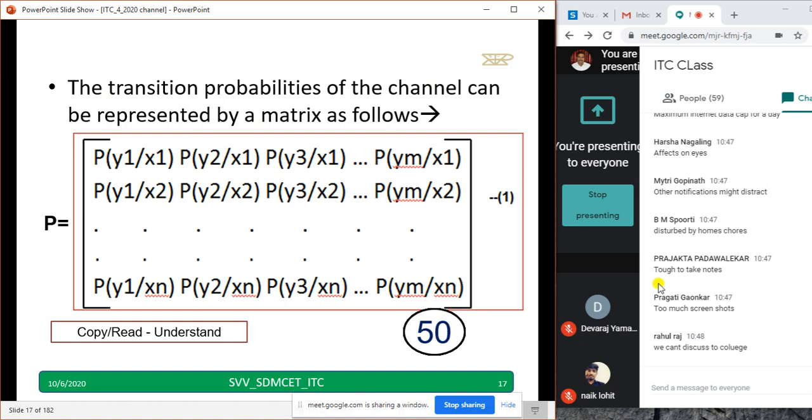Take a minute, copy down. This you have to copy down, because we use this for our later discussion. We need these transition probabilities. Copy down and try to understand.